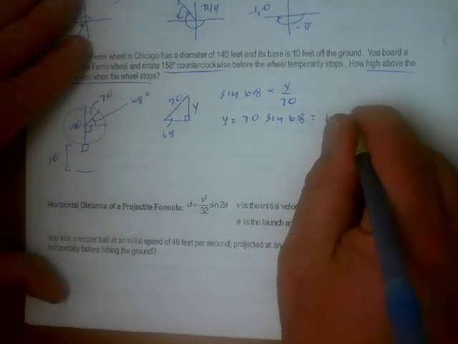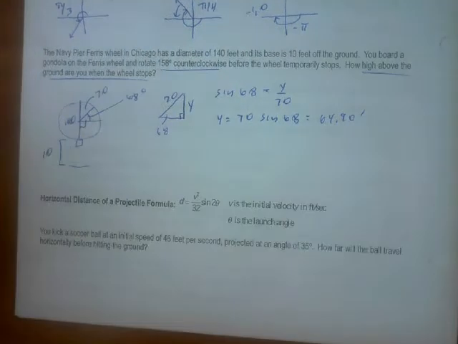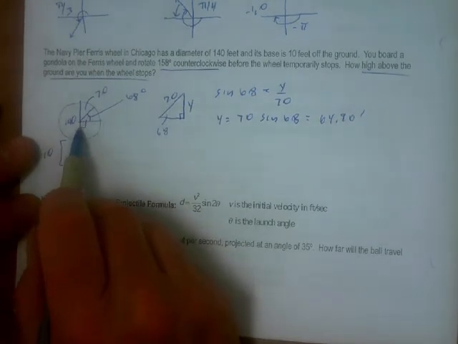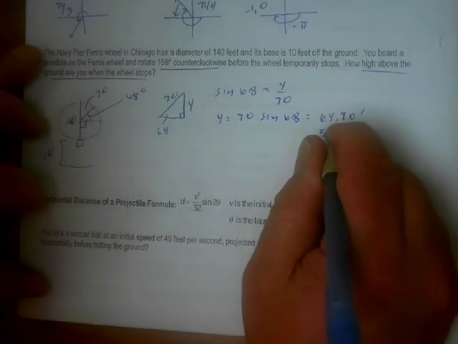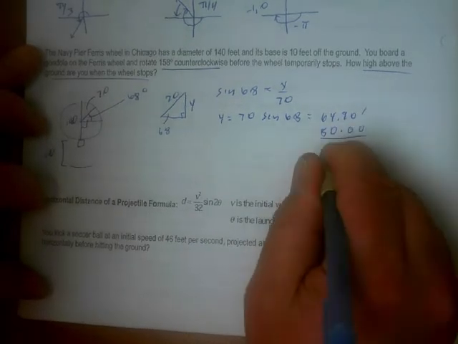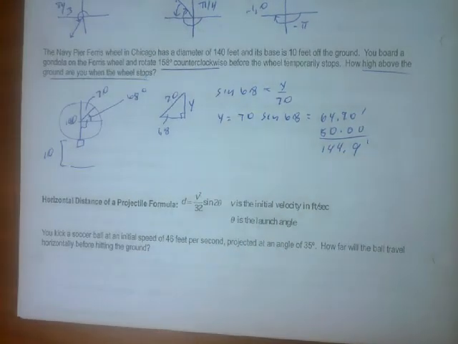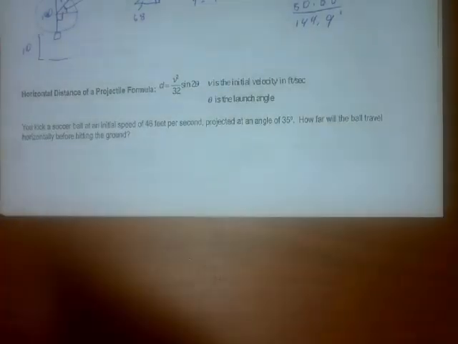Y equals 70 times the sine of 68, which is 64.90 feet. Now I need to add this 70 and this 10, so 80, to this. And that's going to tell you how far above the ground you are: 144.9 feet.